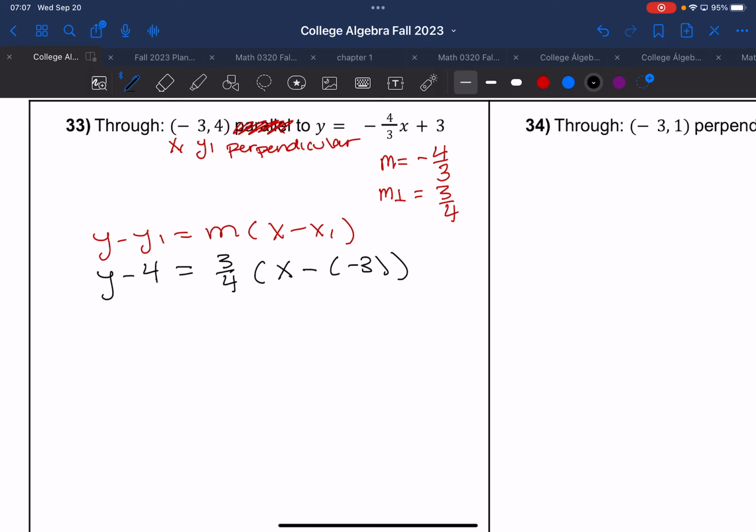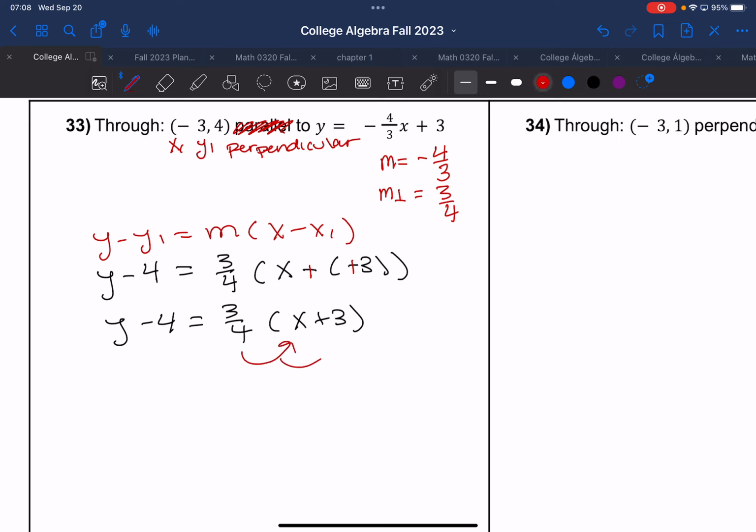Everyone see where I got those numbers? Okay, my first step would be to simplify those parentheses. So x minus a negative is plus a positive. So I have y minus 4 is equal to 3 over 4 x plus 3. And then I have to do what? Distribute.